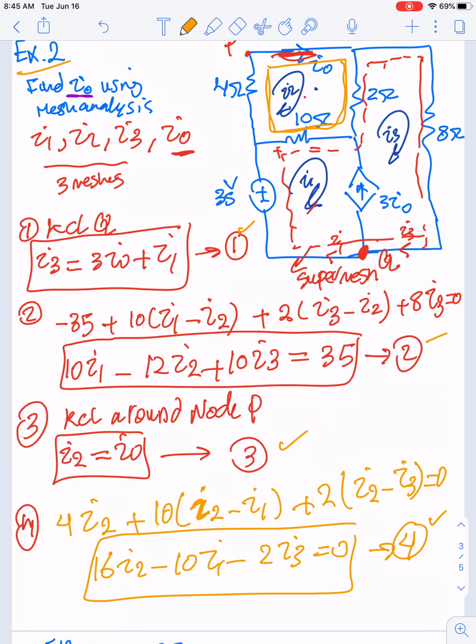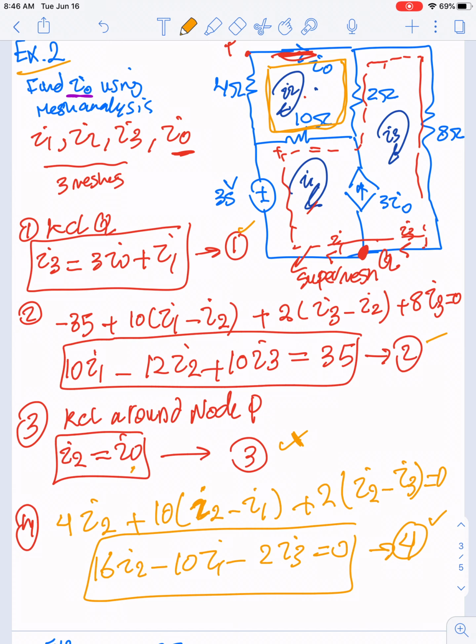I know that your calculator can only solve 3 different equations. So this is not an equation, this is just an equation to reduce the number of unknowns. So instead of using IO here in 1, I will use I2.